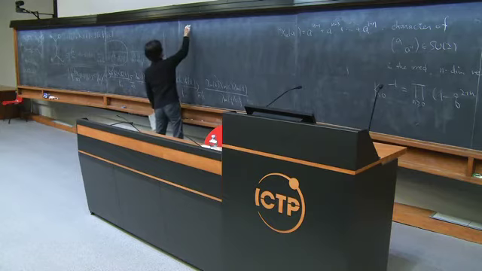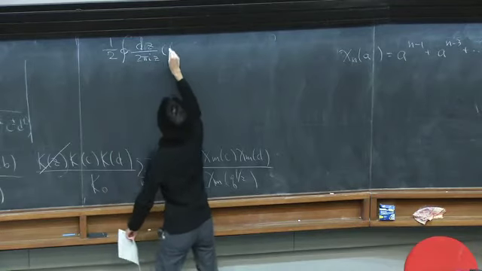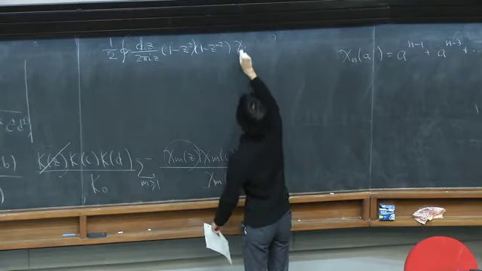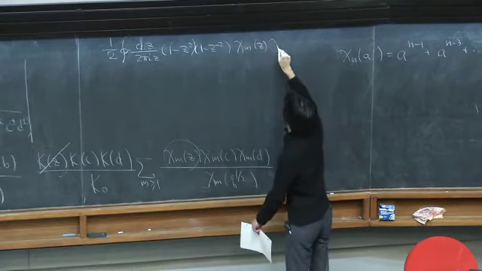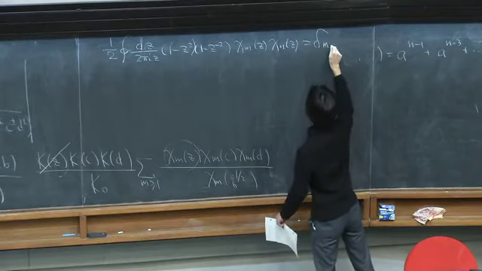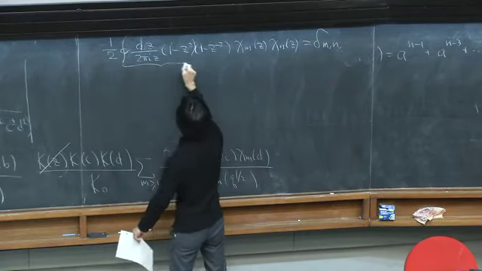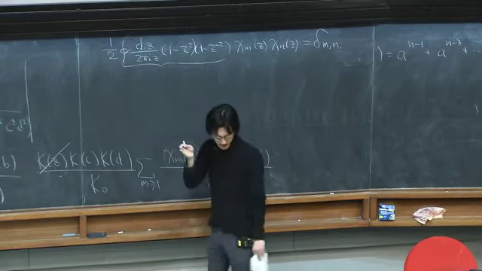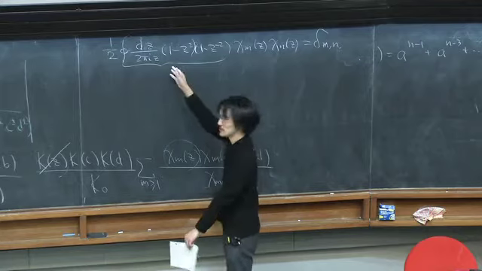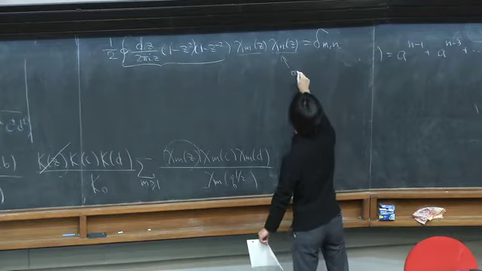But there's a certain formula of this form: the integral of chi mz chi nz. This is just the Kronecker delta. This is because this is just a measure induced on the Cartan torus of SU2, and these are the characters. So this is just the orthogonality of the characters.